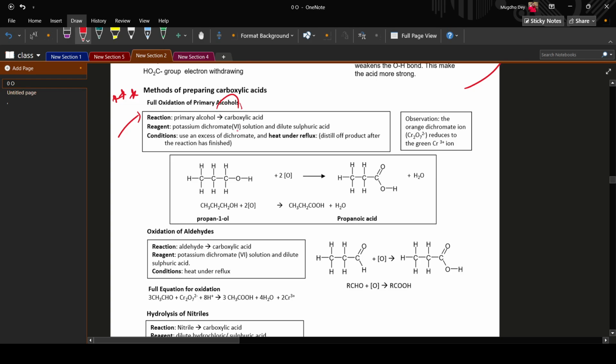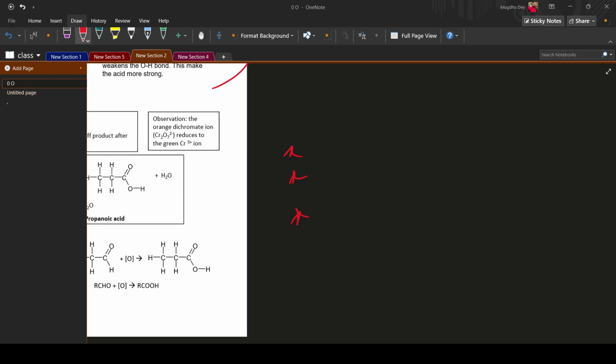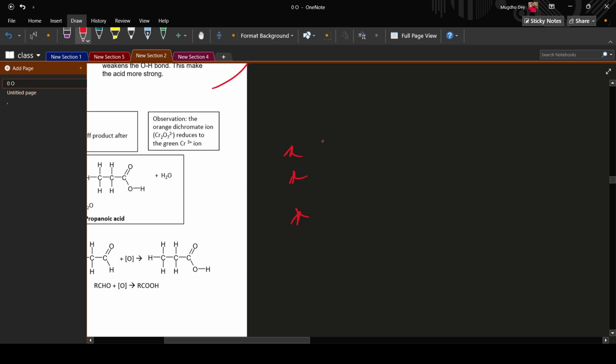I have mentioned four types of oxidizing agents: potassium dichromate 6, and Rakshit, can you mention the other three? I showed you yesterday the names of the three oxidizing agents. Do you know them? Yes, exactly.